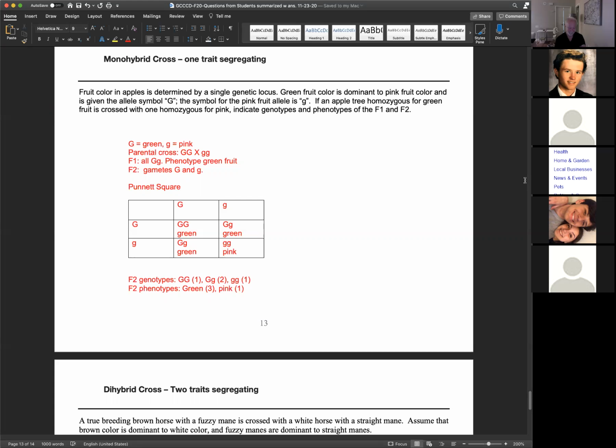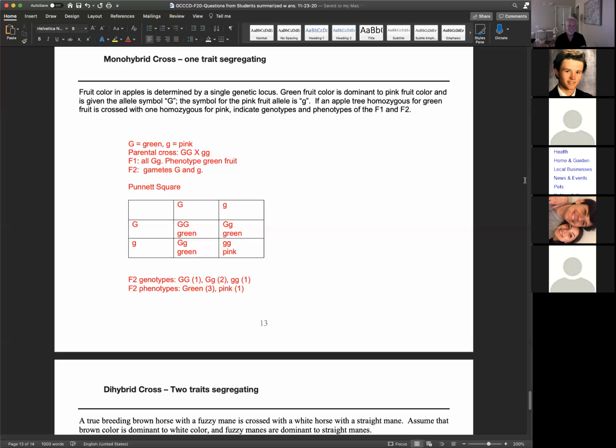You're simply looking at one trait at a time. Dihybrid, di means two, so you're looking at two different traits where you might be looking at wing shape and eye color at the same time, or flower color and seed shape at the same time. So monohybrid, mono means one trait. Dihybrid, we're looking at two traits at the same time.